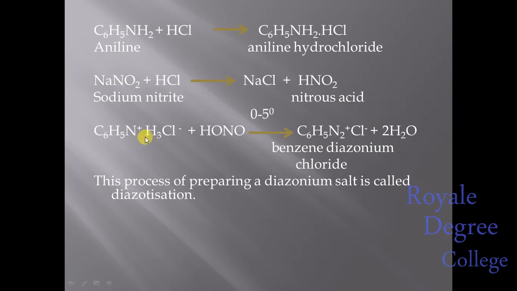This H3 is coming out. In place of that, one nitrogen from nitrous acid is being substituted here. So we are getting C6H5N2 plus, then Cl minus as it is. It is named as benzene diazonium chloride. Along with that, we are getting 2 moles of water. This process of preparing a diazonium salt is called diazotization.